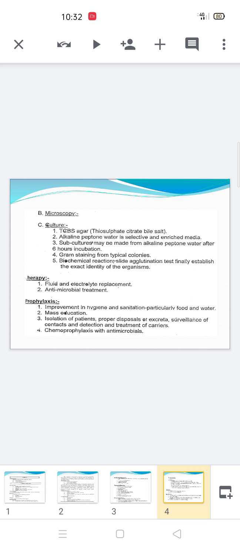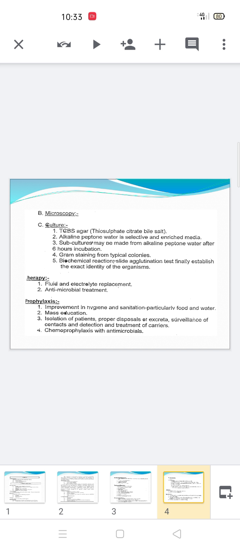In culturing, we use a selective media for this microorganism. Remember the name, TCBS, thiosulfate citrate bile salt agar.